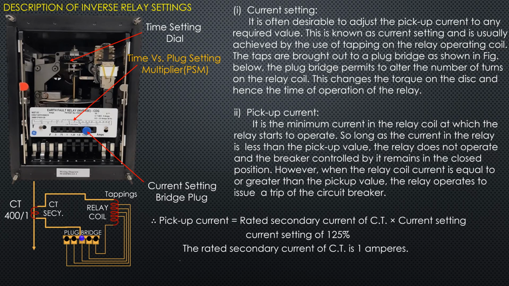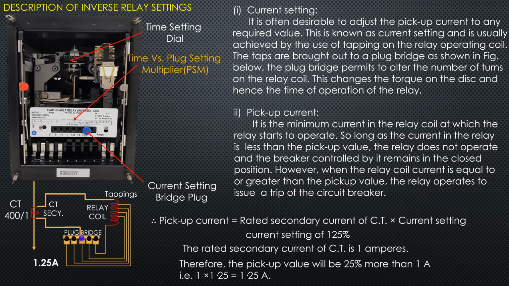Therefore, the pickup value will be 25% more than 1 ampere, that is 1 into 1.25 is equal to 1.25 ampere. It means that with this current setting, the relay will actually operate for a relay coil current equal to or greater than 1.25 ampere.